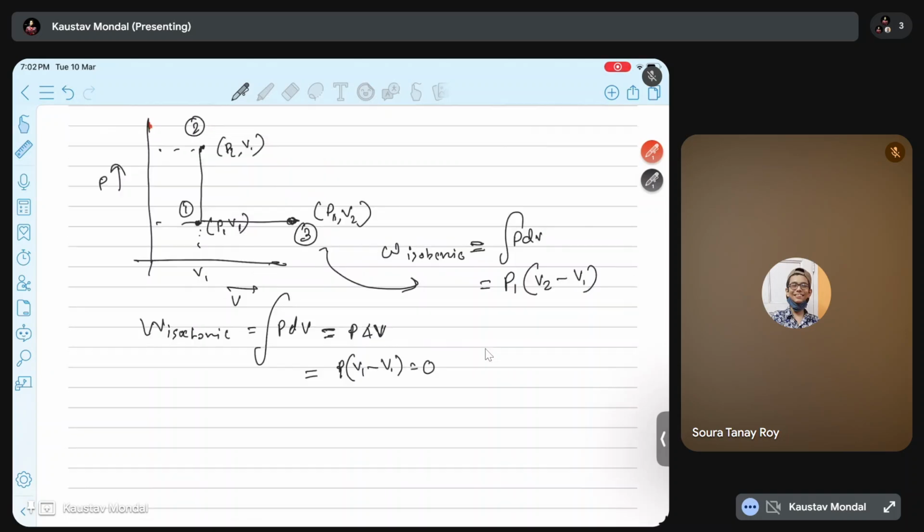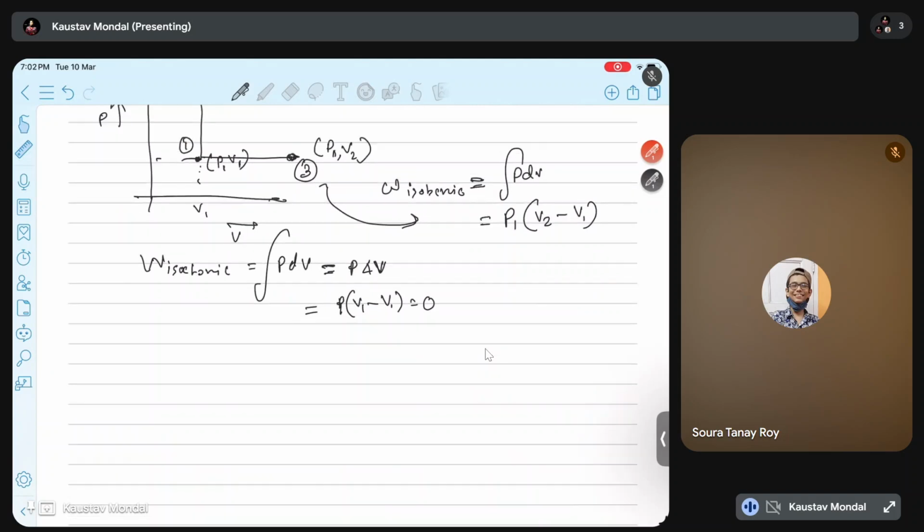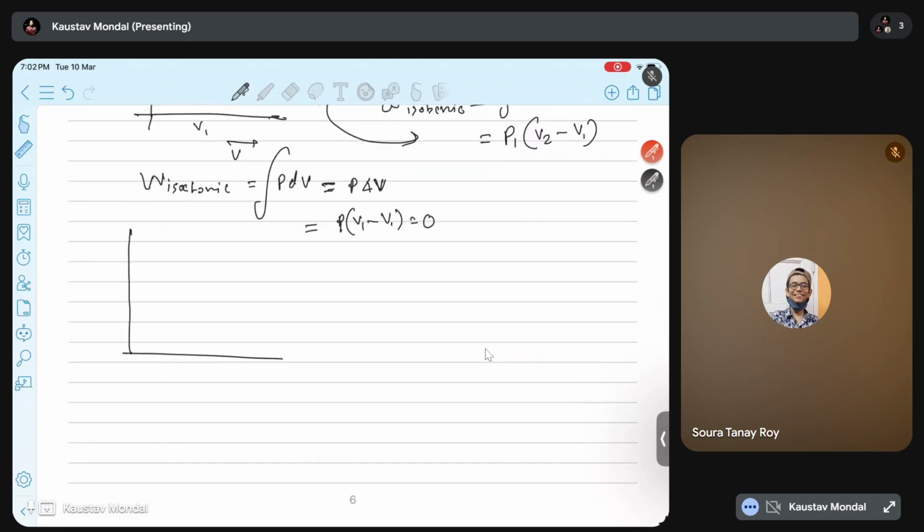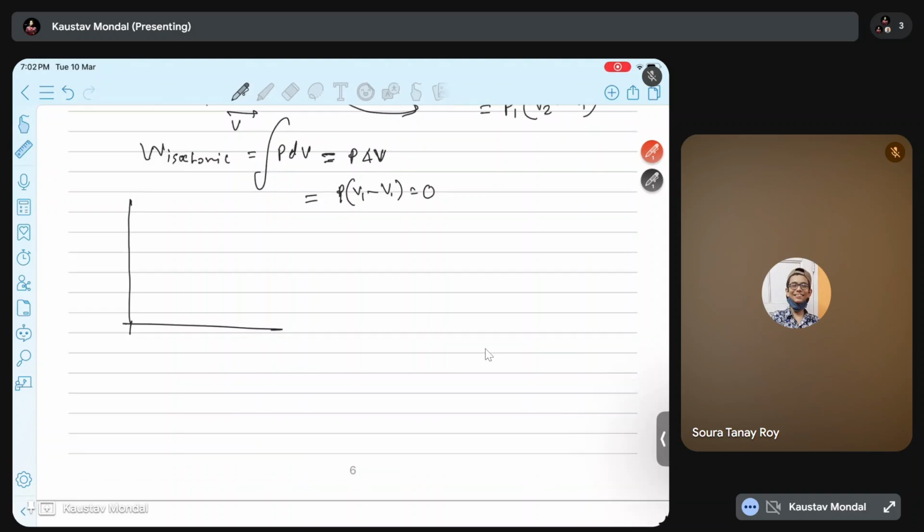The next one is the isothermal process. It looks like this. Since it's isothermal, we know for an ideal gas PV equals nRT.